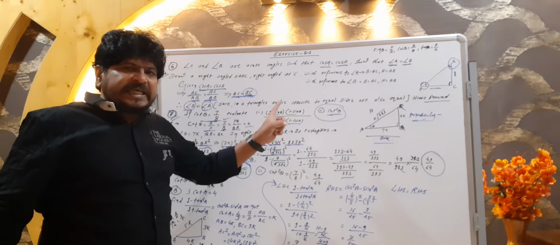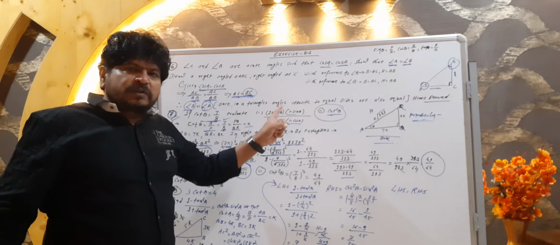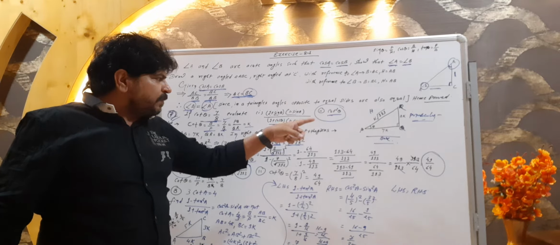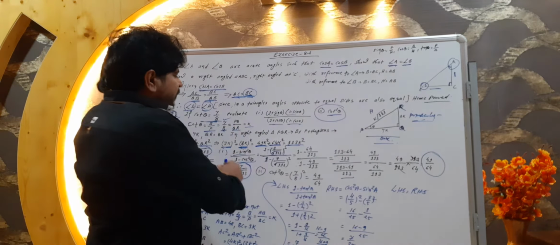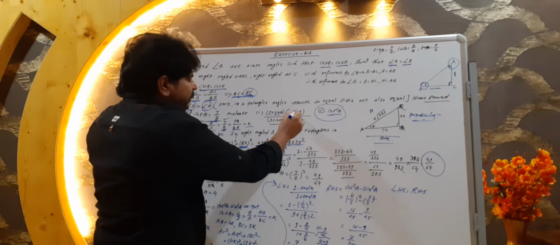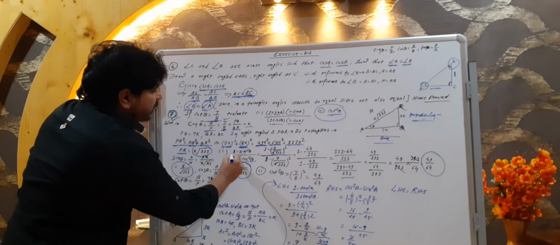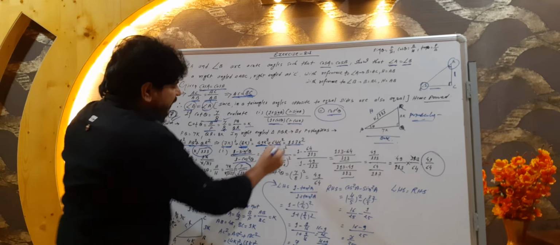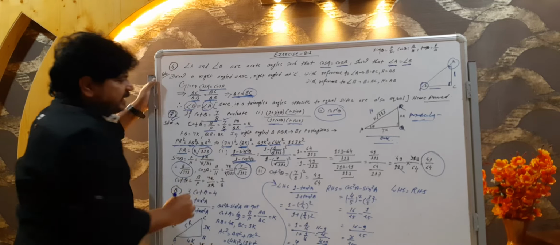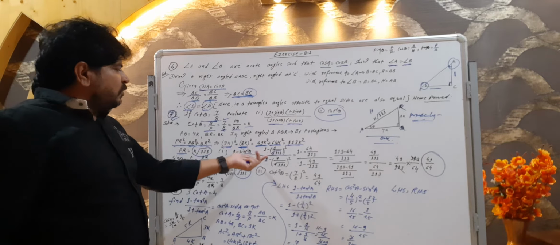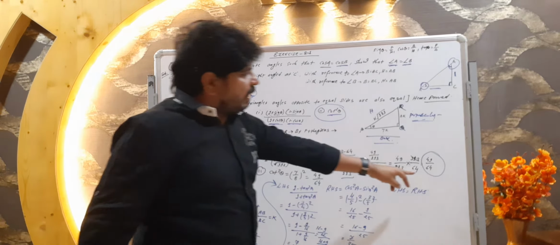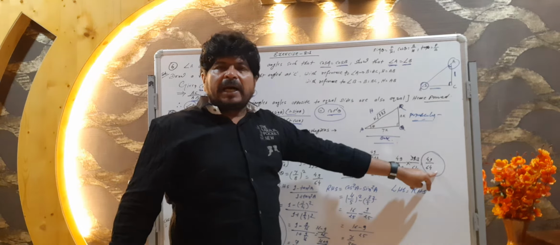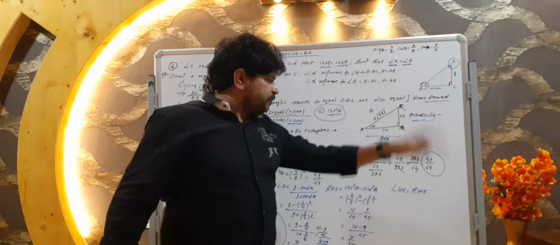One identity is here: a square minus b square is equal to a plus b times a minus b. In the same manner, 1 plus sin theta and 1 minus sin theta we can write as 1 minus sin square theta, as well as 1 plus cos theta and 1 minus cos theta we can write as 1 minus cos square theta. After that, we put in the values of sin and cos, and at last we got the result 49 upon 64.